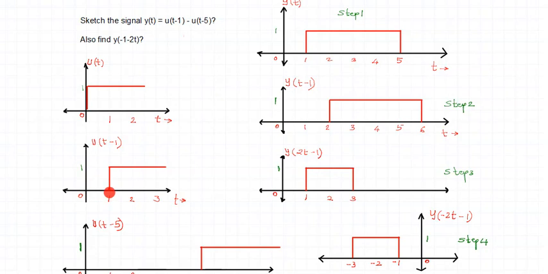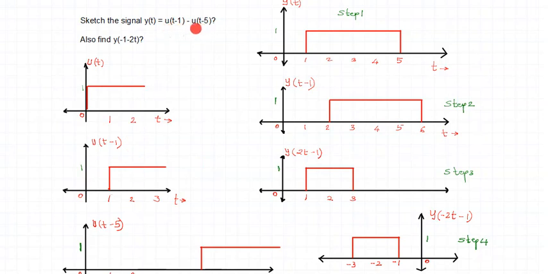When the entire signal is shifted by 1 unit, this is the way the signal looks. Instead of starting at 0, the signal starts at 1. Up to 1 the signal is 0. From 1 the signal remains 1 with a magnitude 1 for all the remaining time instants. So this is the shifted unit step signal.